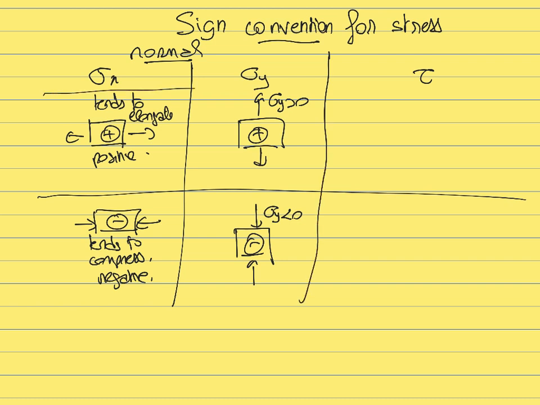And finally, the last thing is the shear stress. When it comes to the normal stress, the sign of the stress really makes a difference, because a positive normal stress tends to elongate the material and the volume is increasing. A negative normal stress tends to compress the material, so the length is decreasing and the volume is decreasing. So a positive and a negative normal stress really have a different physical meaning.